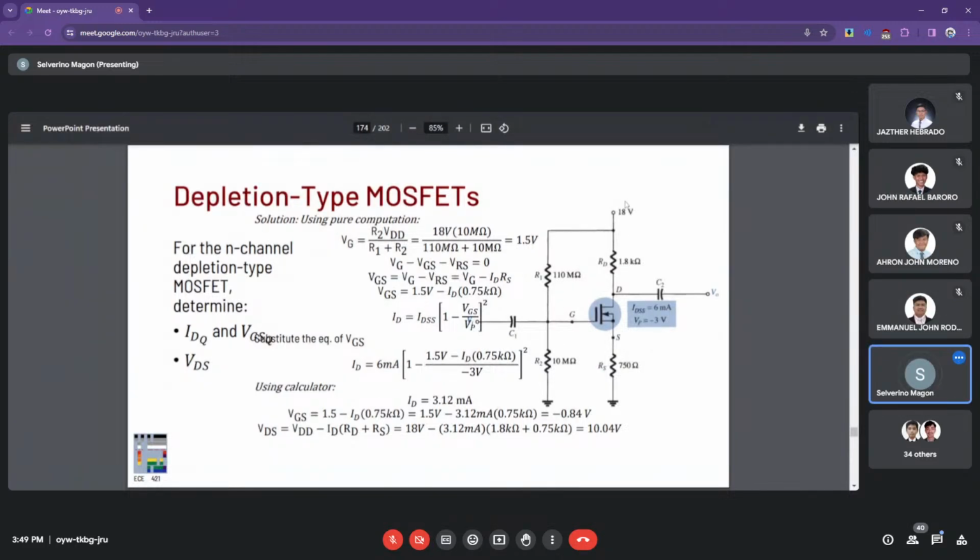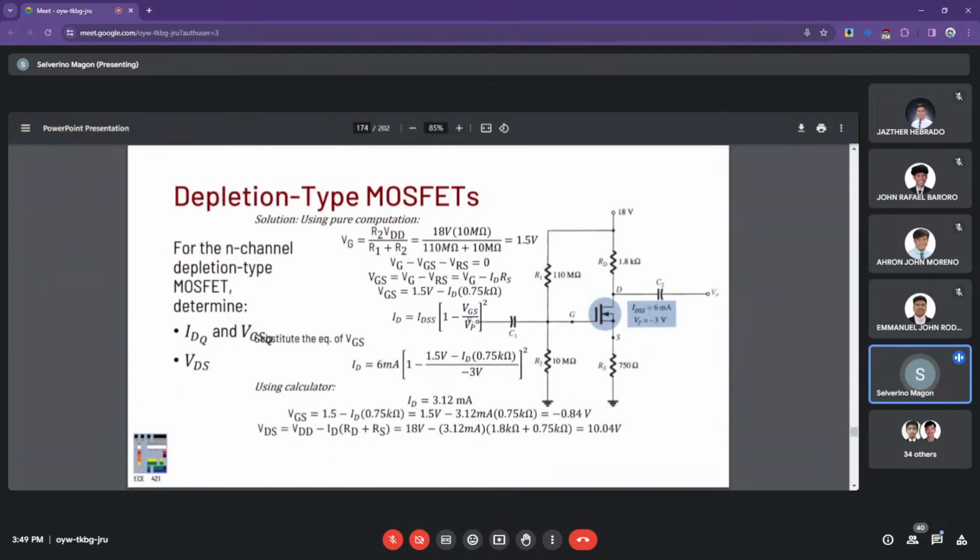So the voltage drop across R2 will be around that figure. So we see 1.5 volts at R2, which will be your VG as well. So doing KVL at the input side, this is to relate VG to that of VGS and VRS. Then we can have an equation for this one.